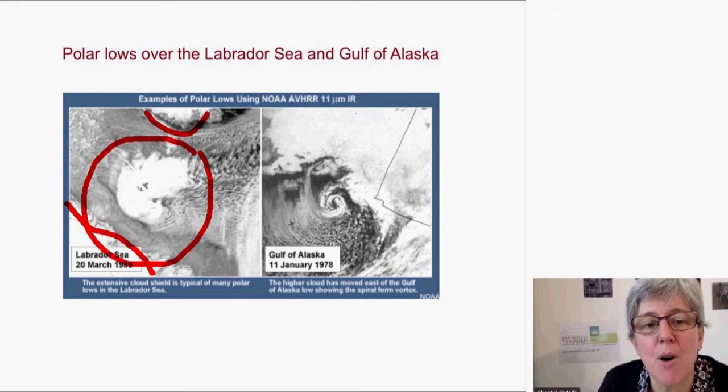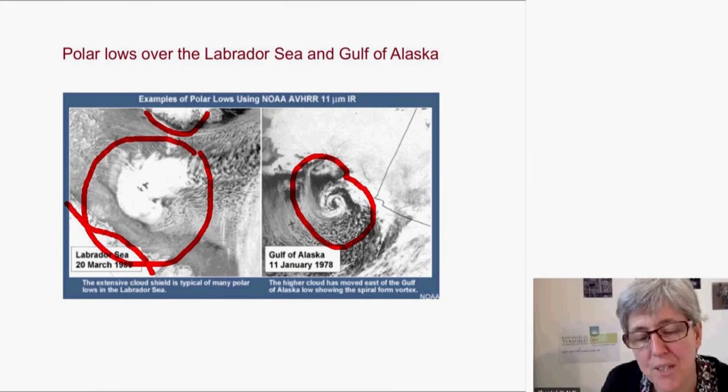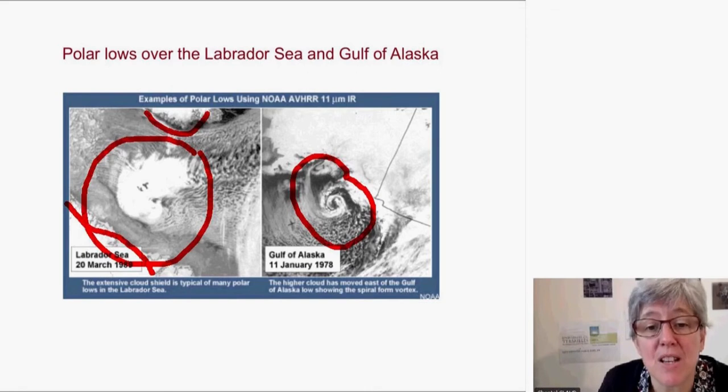You have a polar low which has developed here in connection with the advent of very cold air from over northern Canada. Or here you have a system which has formed over the Gulf of Alaska, that is west of the United States. Again, as for the other examples, you clearly see the cloud streets associated with the cold air. This was just to show that we do have polar lows in other places. This is not only for the Nordic Seas.